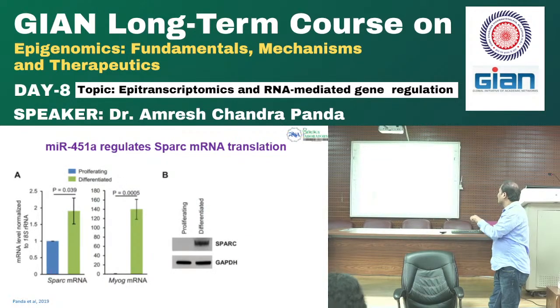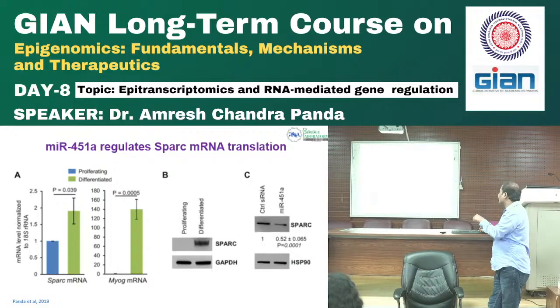And then in the differentiated cell, like the single cell, the myoblast and the myotubes, those are differentiated cells. So SPARC mRNA goes up, and here is the western. Then when you put the microRNA here, that inhibits the SPARC expression.